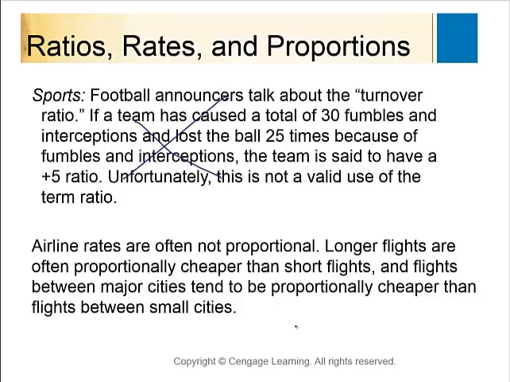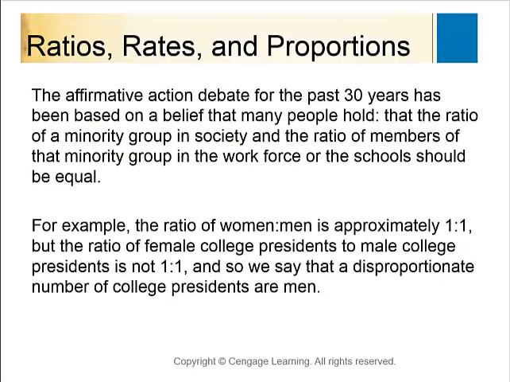Their meaning for ratio is not the same mathematically. Airline rates aren't proportional just because of the nature of how they make money. They don't make as much money on the shorter flights, so they have to charge more for those. And we'll look at ratio of people in a couple of different examples.